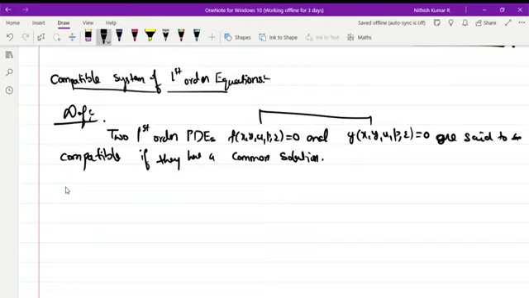If these two partial differential equations have common solution, then we say they are compatible.